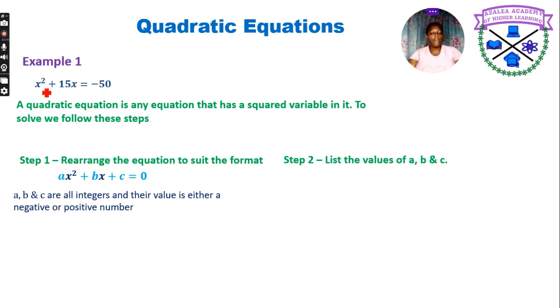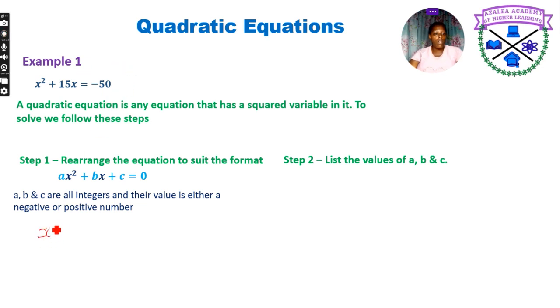So currently we have x squared plus 15x, and we need to get this negative 50 onto the other side. What we do on the left side of the equal sign, we're going to do on the right side of the equal sign.